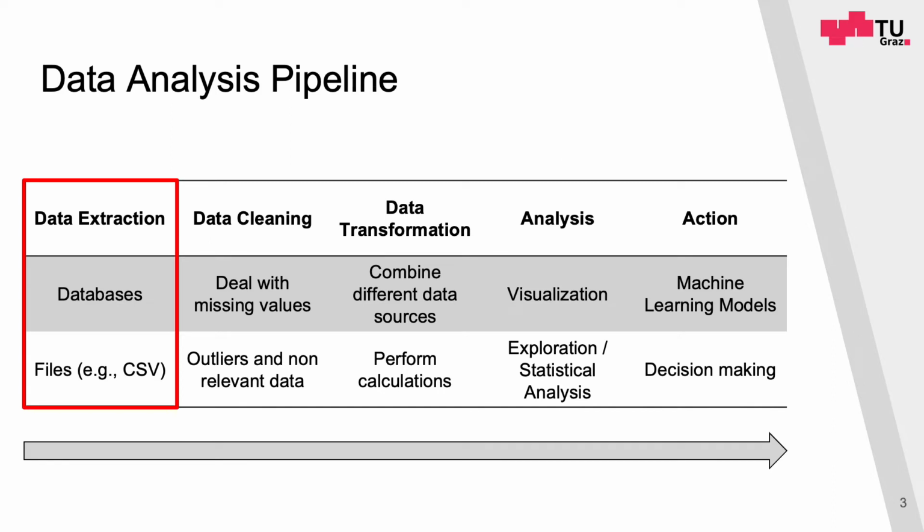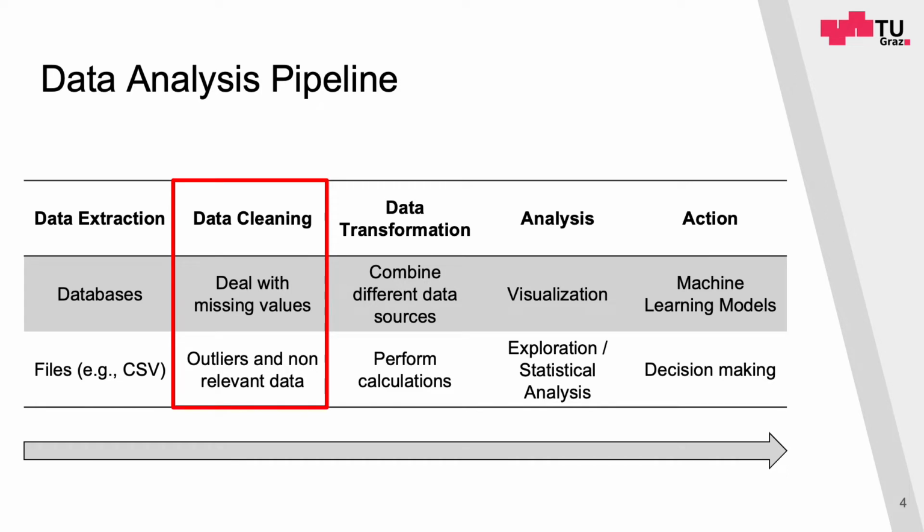In the previous lecture, we already looked at the first 3 steps in the data analysis pipeline, the first being the data extraction. In this step, we used the CSV package to read CSV files, or we also used the pandas package to directly read in CSV files in a so-called data frame.